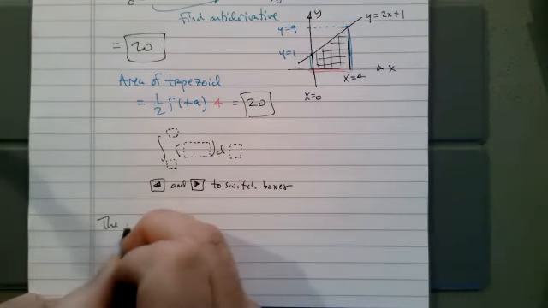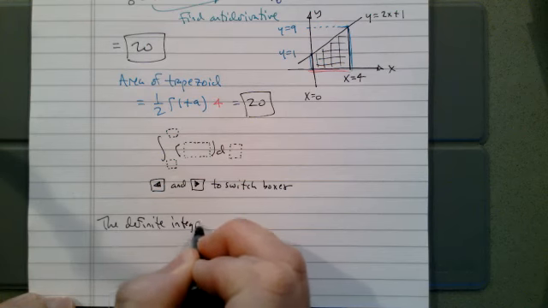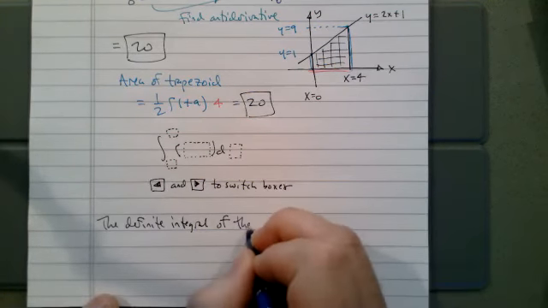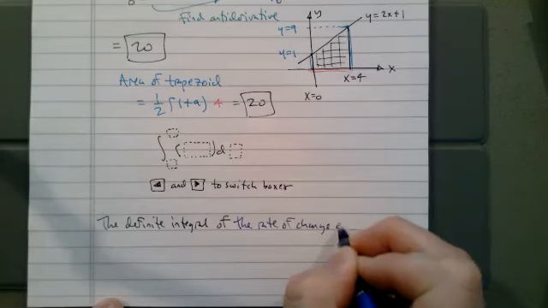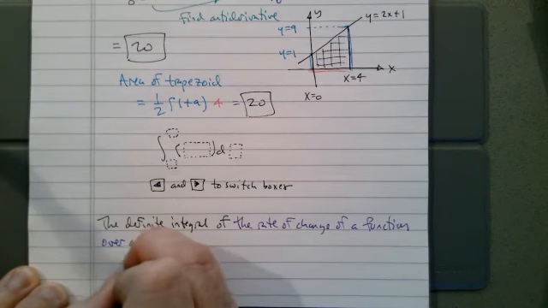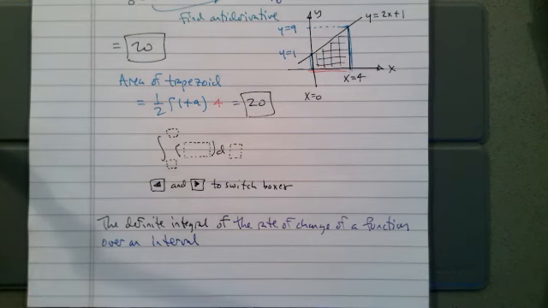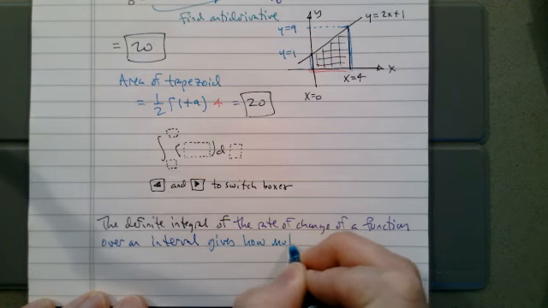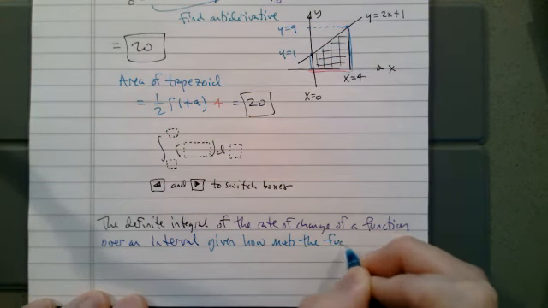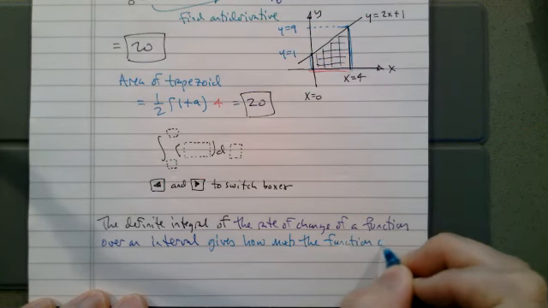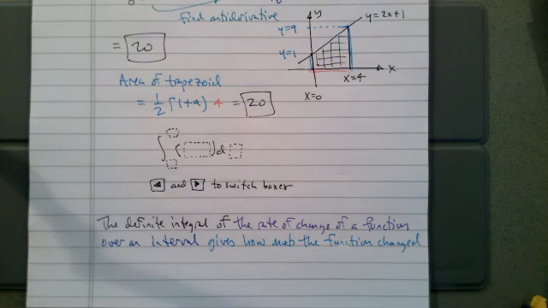The definite integral of the rate of change of a function over an interval tells you how much the function changed, or let's say gives how much the function changed over that interval.